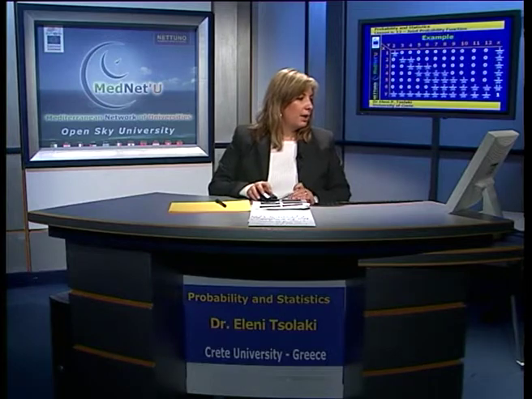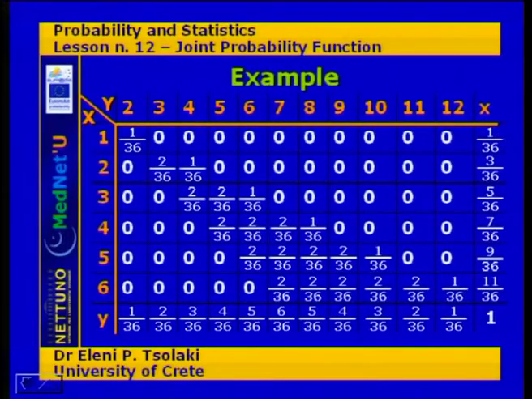And if we think about the experiment by itself of observing X when we're throwing dice, the probability that the maximum we have observed is 1 is 1 out of 36.